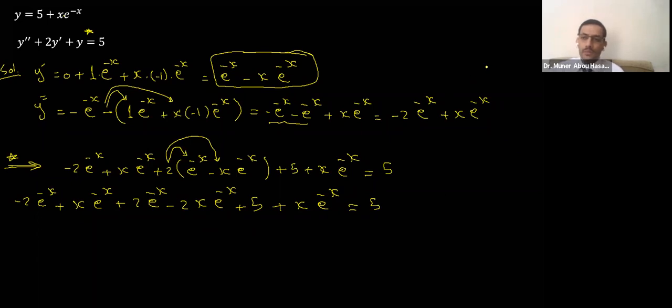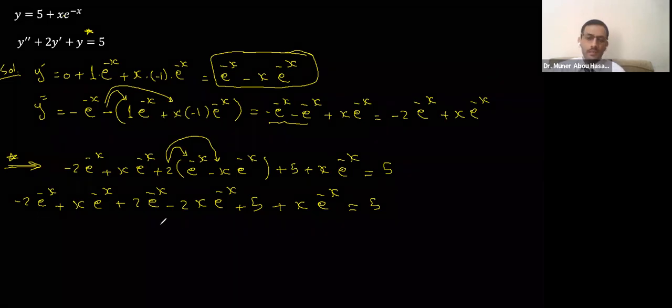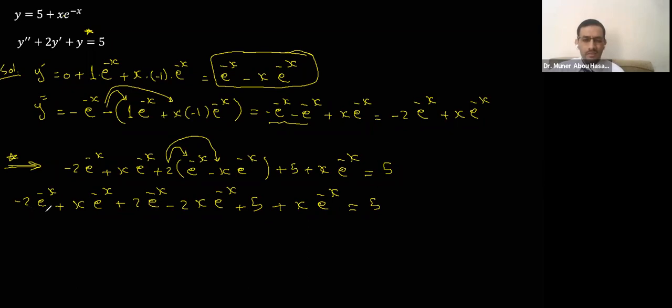Now what I'm going to do, I'm going to cancel out some terms. This with this can be cancelled out. And what do you think about this and this? Those will be 2 and this -2, so those will be cancelled out. Am I right?